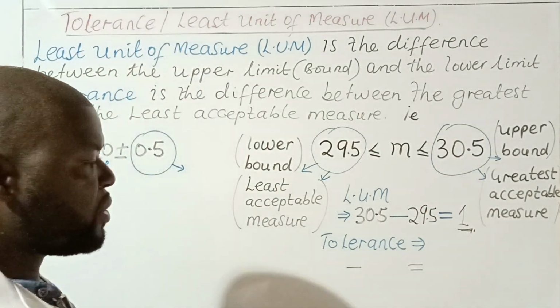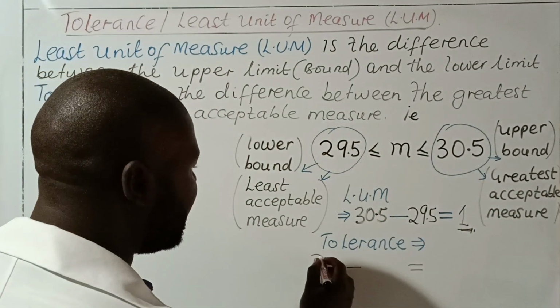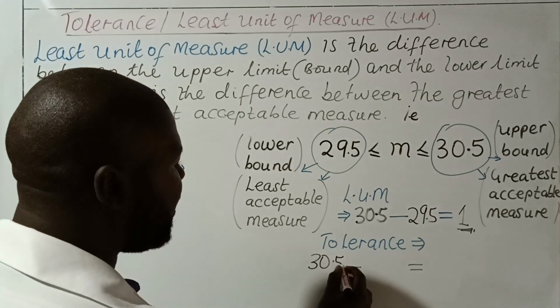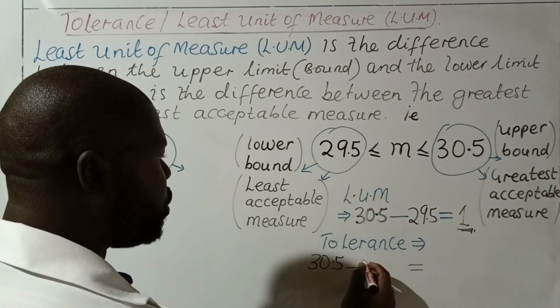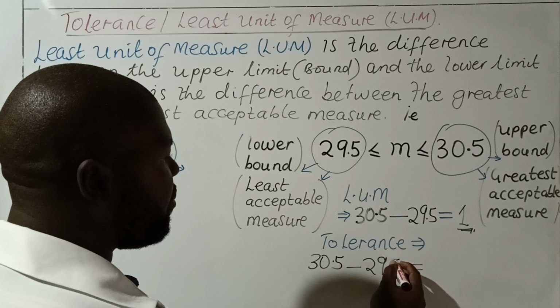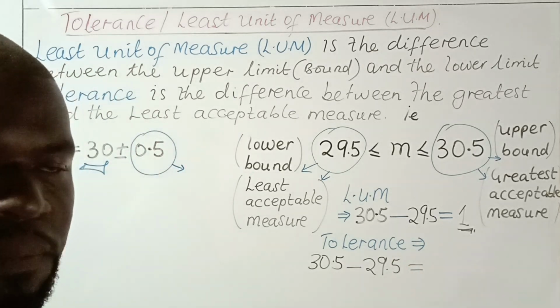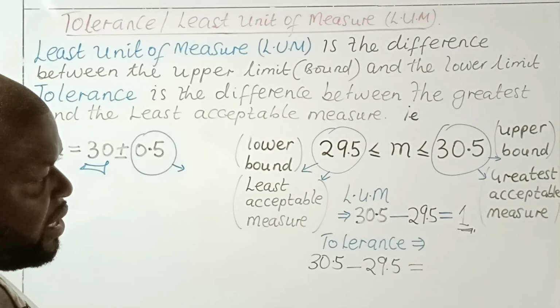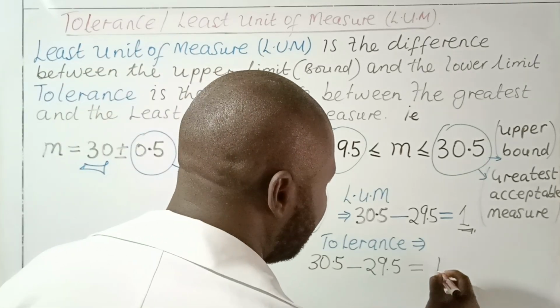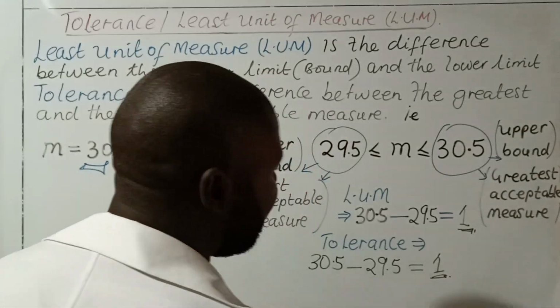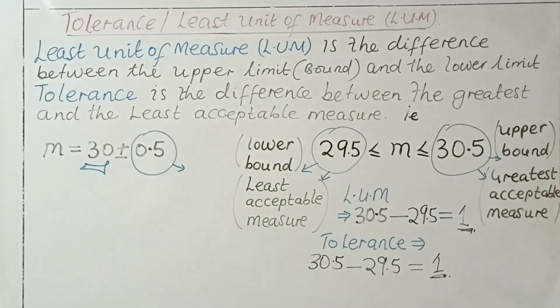Basically, 30.5 minus 29.5. And when we do that subtraction, we are getting 1 as our tolerance.